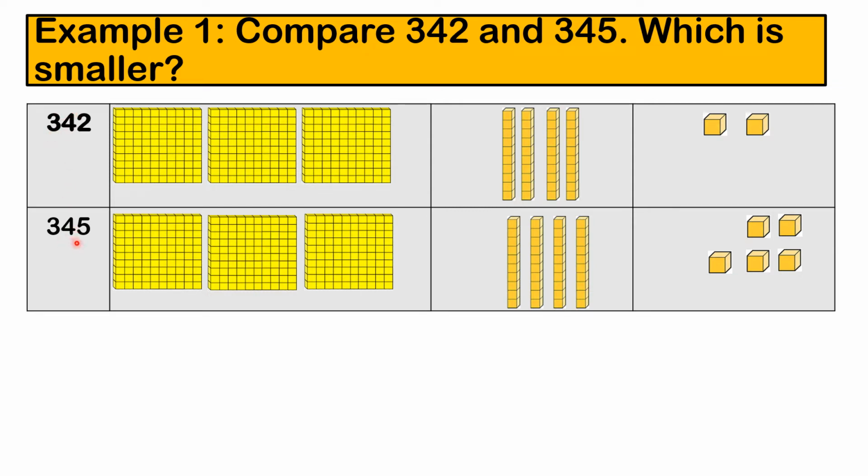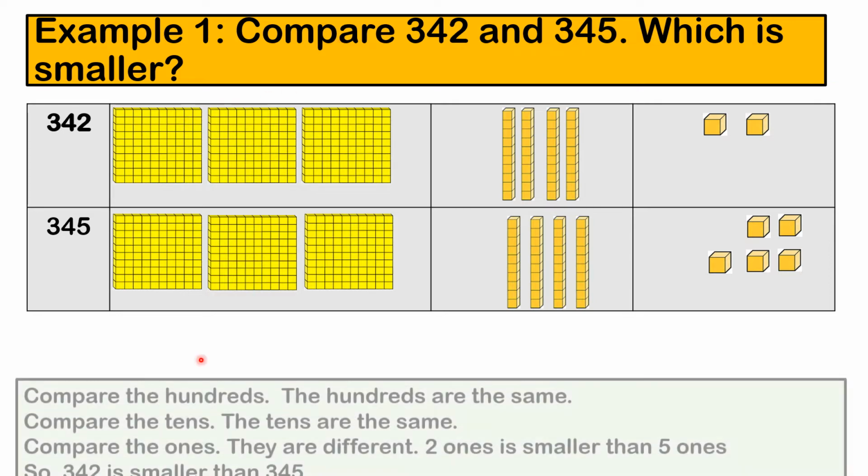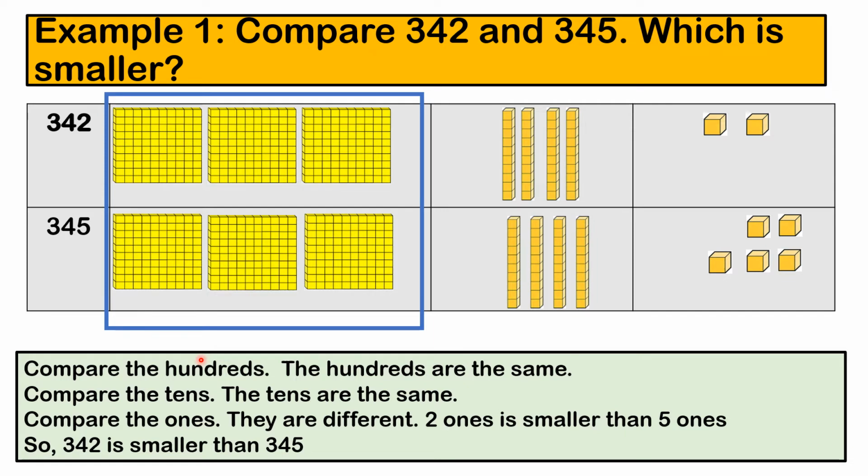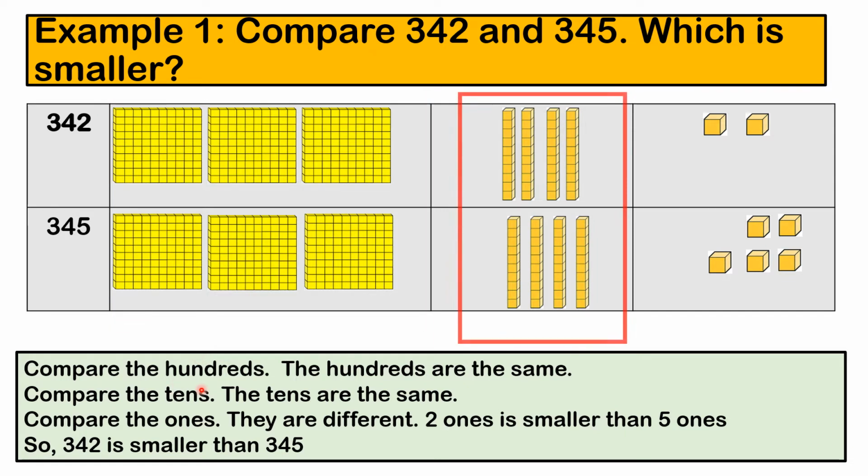each number. So in this case, we have 300 for both numbers. So since we have the same hundreds, we have to look at the tens. Here we have 4 tens. Below here we also have 4 tens. So again, the tens are the same.